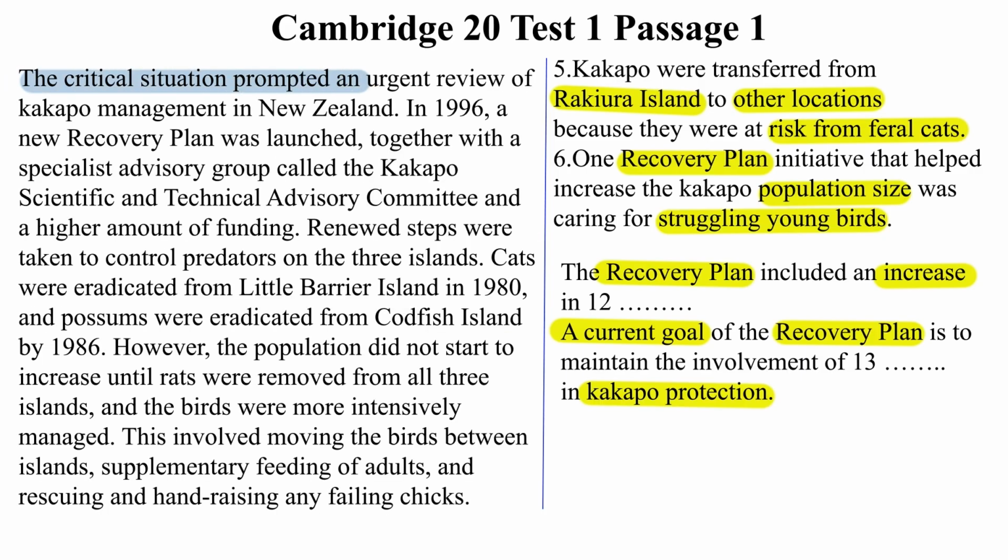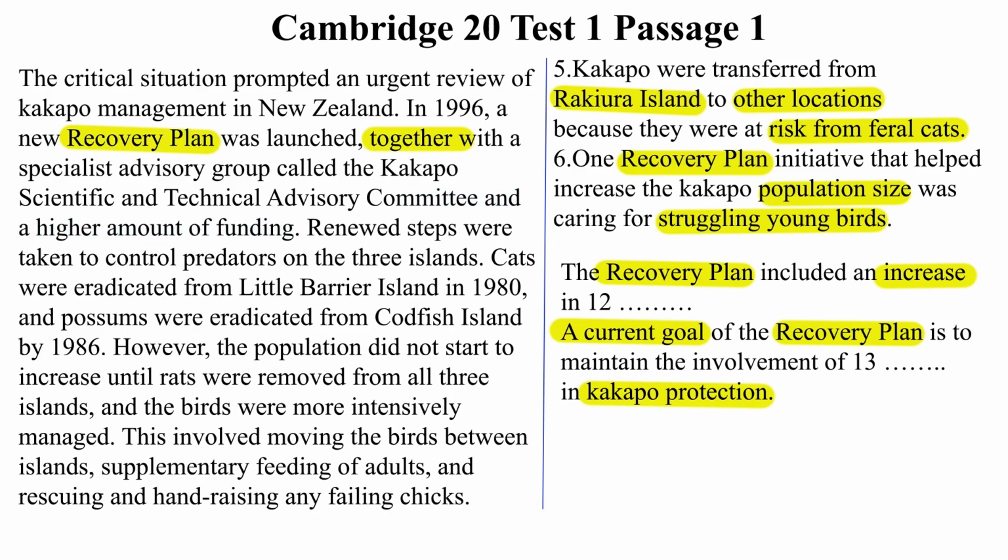The critical situation prompted an urgent review of kakapo management in New Zealand. In 1996, a new recovery plan was launched, together with a specialist advisor group called the Kakapo Scientific and Technical Advisory Committee, and a higher amount of funding.